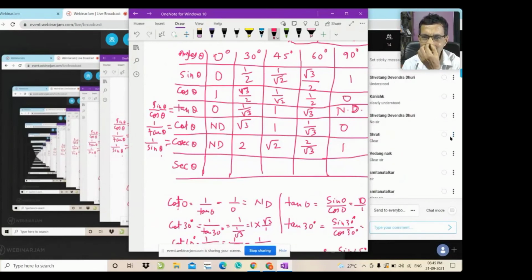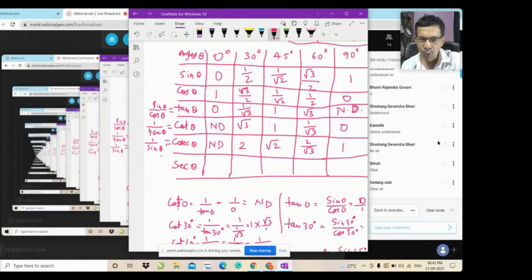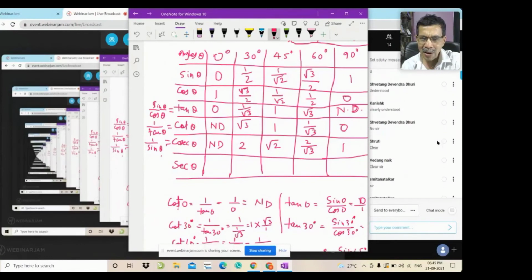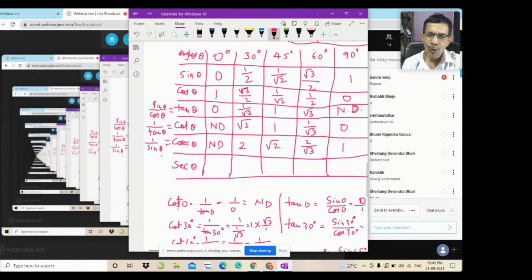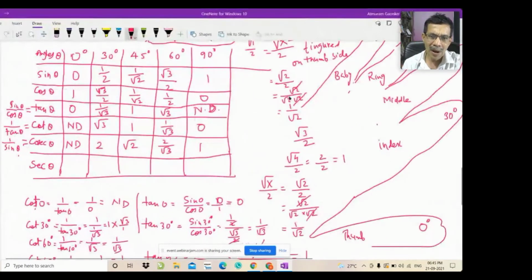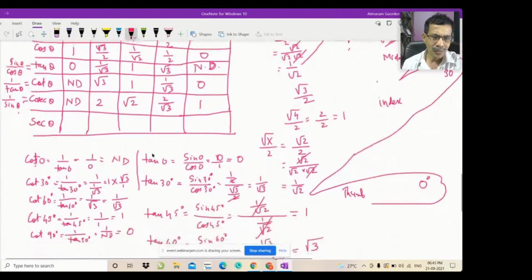Okay, for Svetang, I will explain once again. And for others also, those who might have not understood and have not said so, let me write it here. It is a very simple thing.